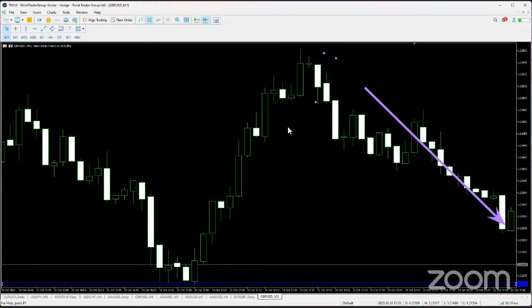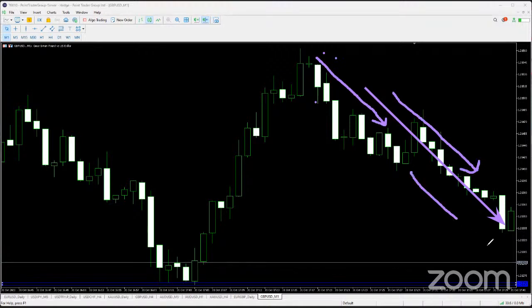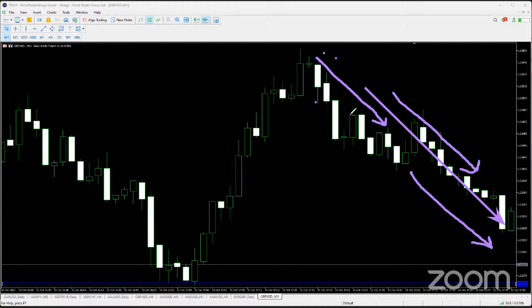So instead of having an uptrend, we're having here like a downtrend, as you can see on this chart. So this could be an early signal that the market is reversing, changing its direction to the downside. Just like this. Okay, is it clear? Do you have any questions before I carry on?